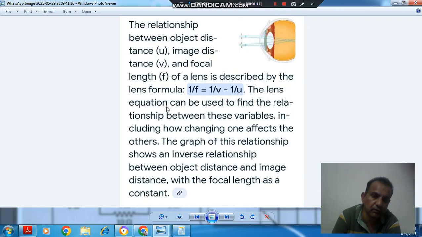The lens equation can be used to find the relationship between these variables, including how changing one affects the other. The graph of this relationship shows an inverse relationship between object distance and image distance with focal length as a constant.